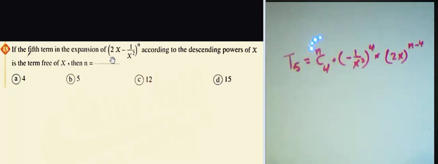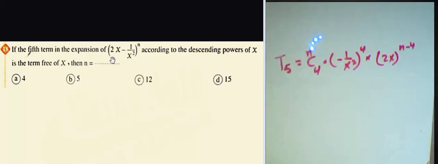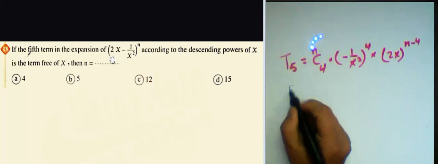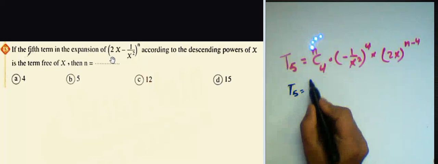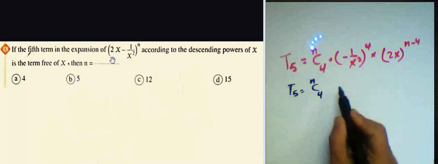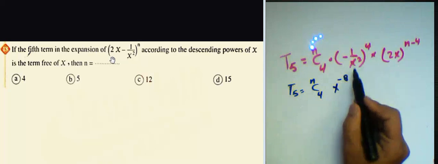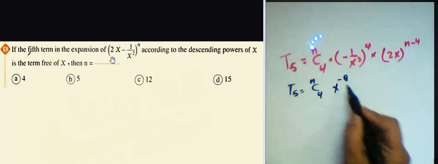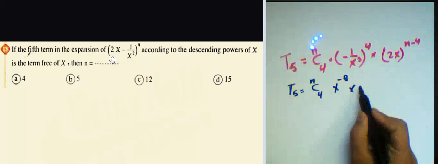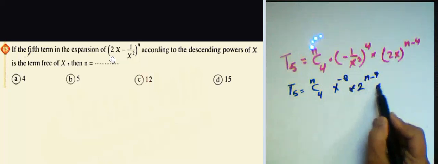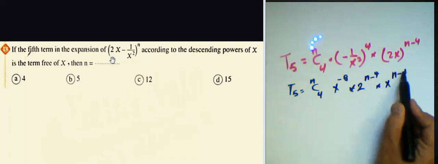Then you can simplify this term. Term 5 will be n combination 4. It will be x power negative 8. 2 times 4 is 8; the 8 in the denominator comes up to the numerator and changes the sign. Multiplication by 2 power n minus 4, multiplication x power n minus 4.